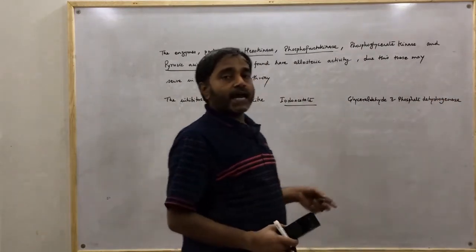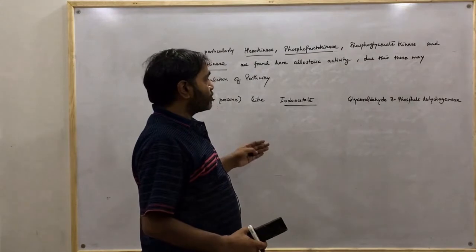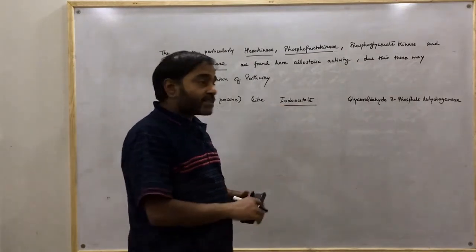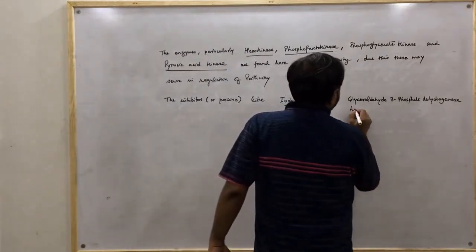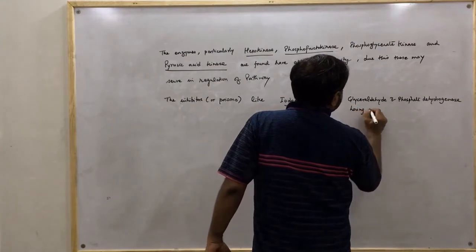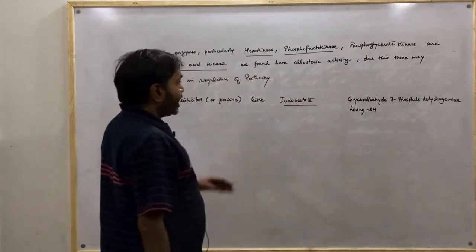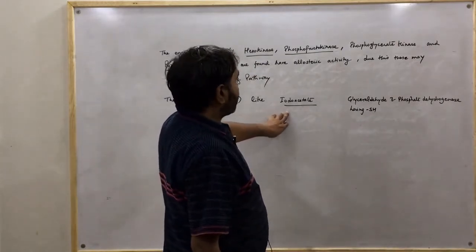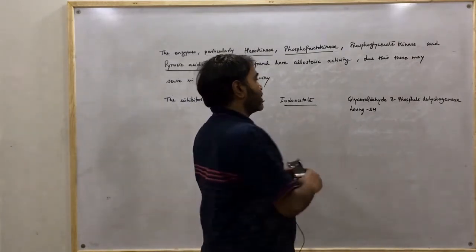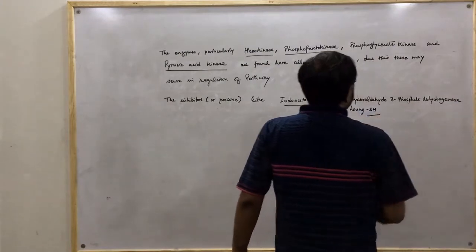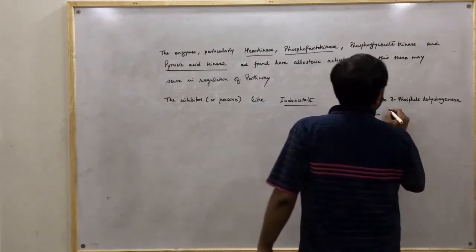The enzyme glyceraldehyde 3-phosphate dehydrogenase, having an SH or sulfhydryl group, gets bound with iodoacetate-like compounds, and thereby inhibition occurs.